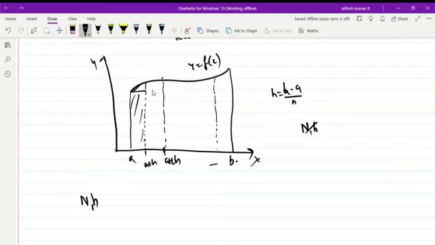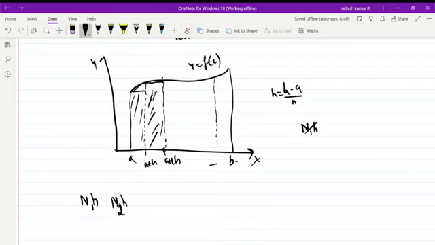Now consider the smallest value in the interval a plus h to a plus 2h, and name it m2. The height will then be m2, and this area will be m2 into h.